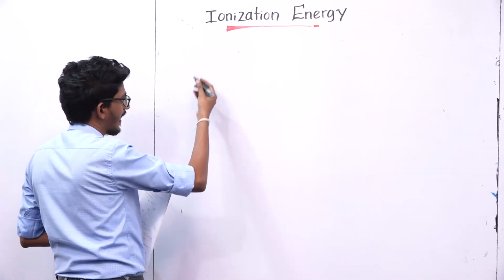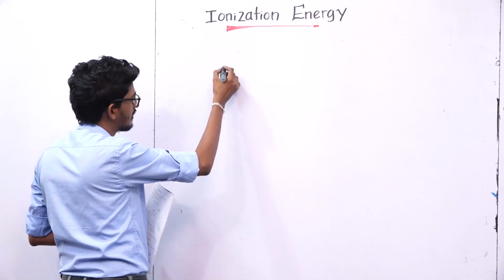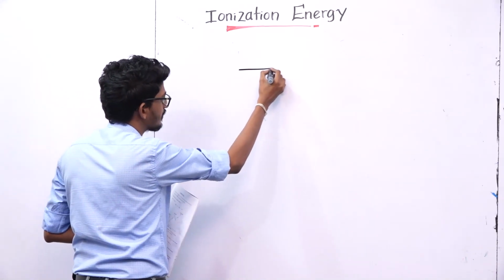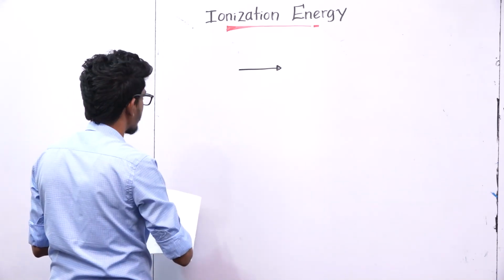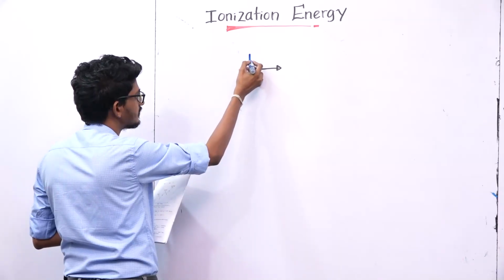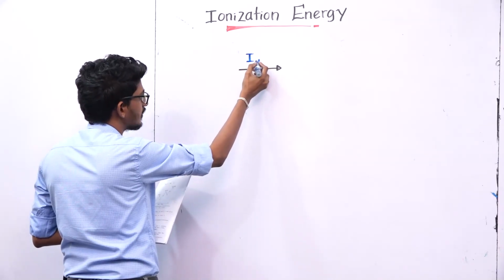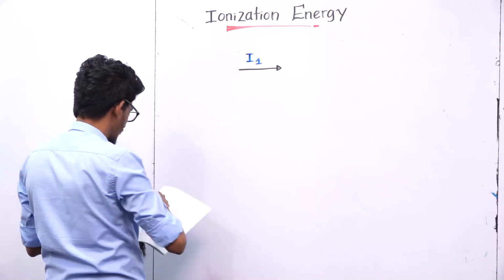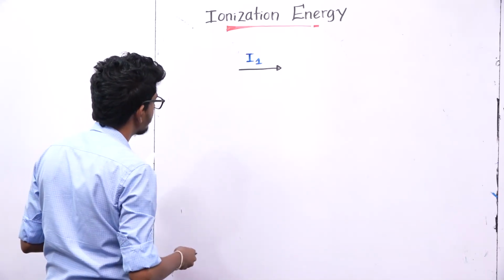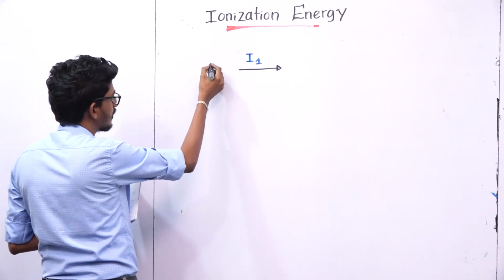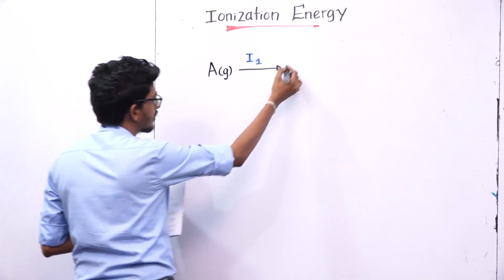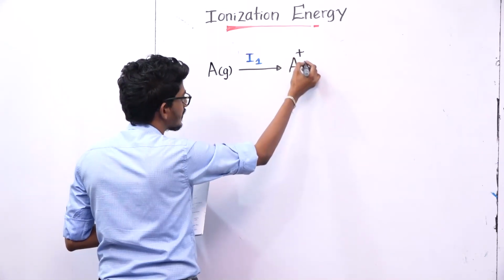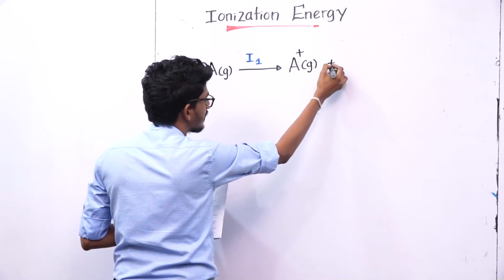As a chemical equation, if we consider the first ionization energy, I1, it is the minimum energy needed to eject an electron from a gaseous atom to produce the gaseous plus 1 ion.